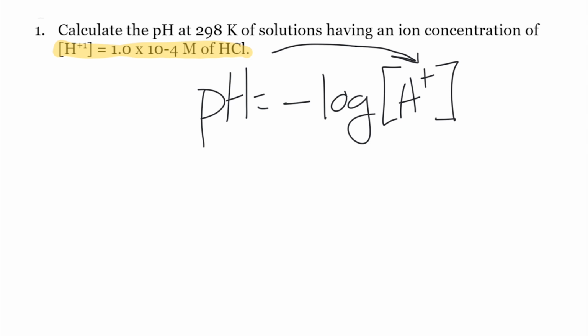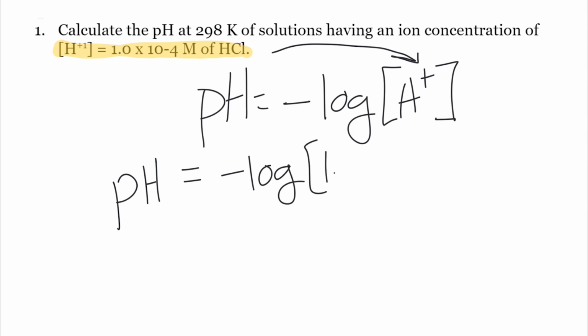After substituting, our equation will look like pH equals negative log of 1.0 times 10 to the negative fourth, and that'll end the brackets. And all we have to do is input that into the calculator. A real quick thing to note that might trip you up is that you need to have brackets or parentheses around your number when you take the log of it.